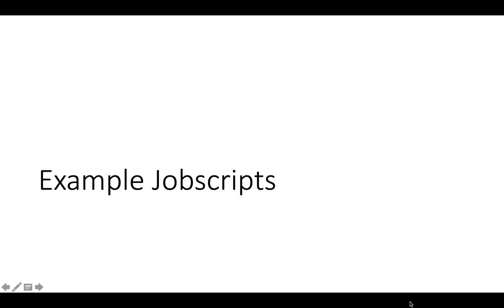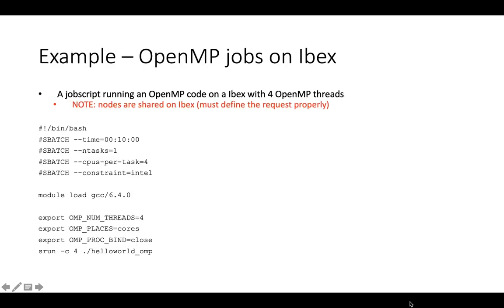Let us now visit some example job scripts which are commonplace on Ibex. This is a job script to run a job with 4 OpenMP threads on an Ibex compute node. --cpus-per-task ensures that the parent process of the application hello_world_omp has 4 physical CPUs or cores available to spawn 4 OpenMP threads when the application needs it.